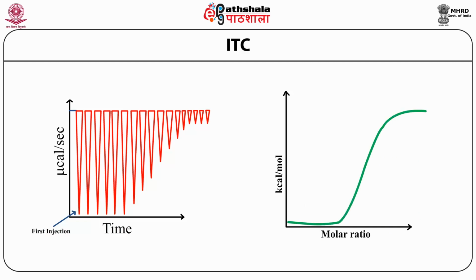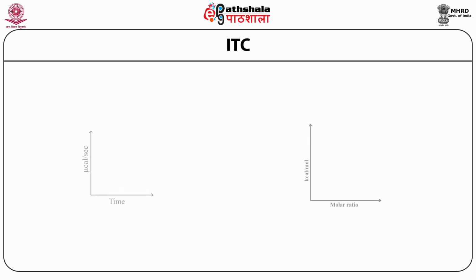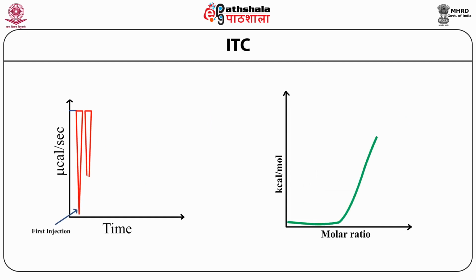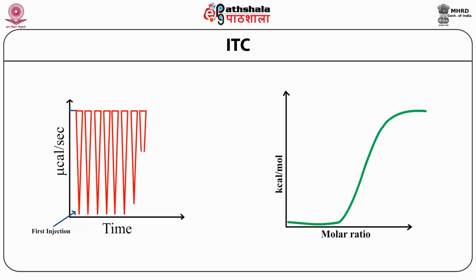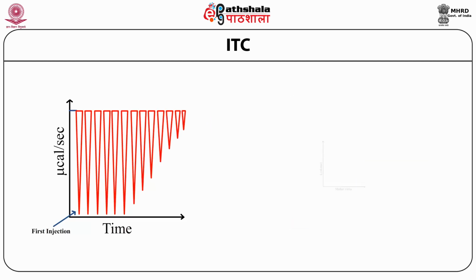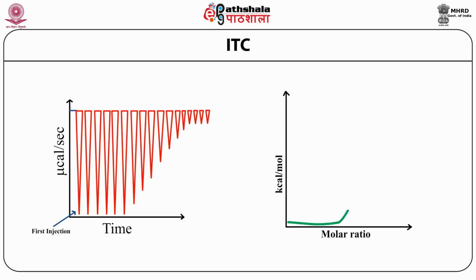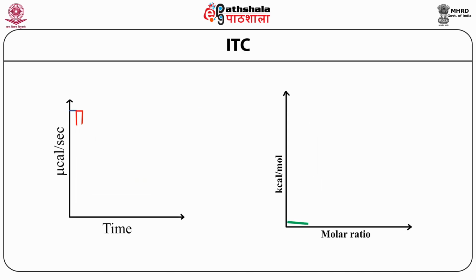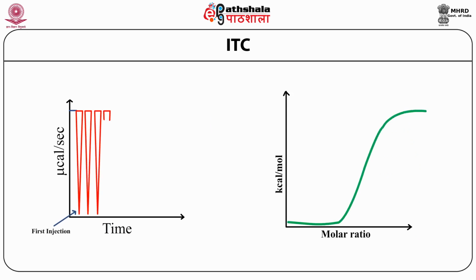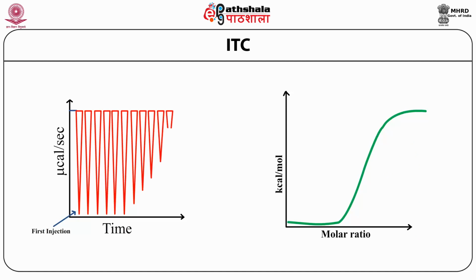Now see how we can calculate delta S. The slope of this linear curve at the middle molar ratio gives you the binding affinity, and this inflection in the middle will be related to the molar ratio of the stoichiometry.